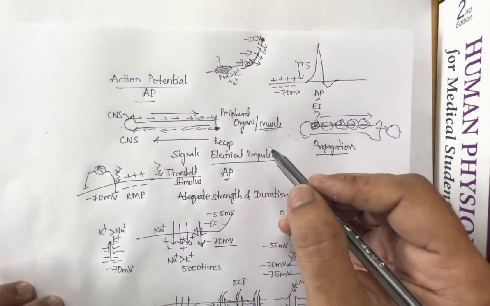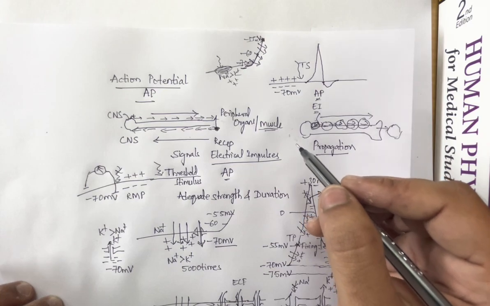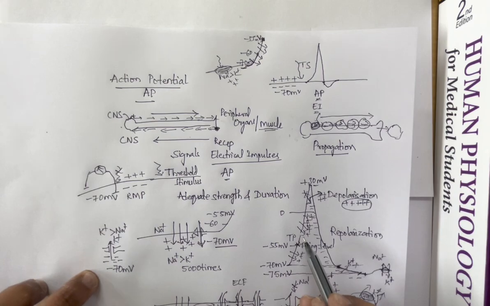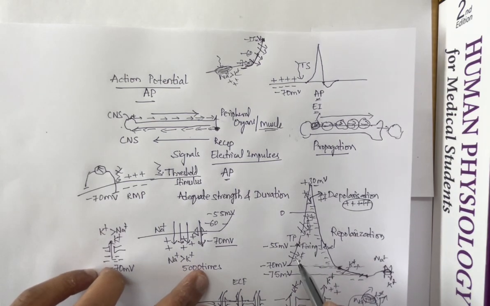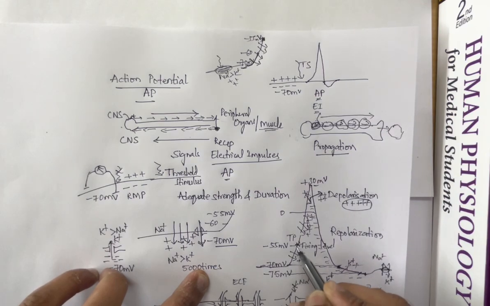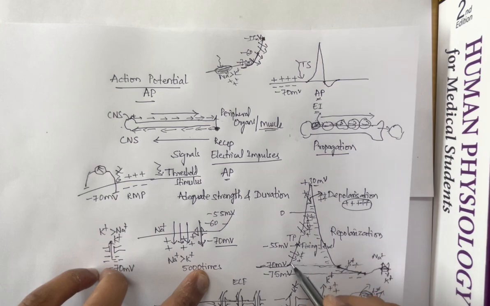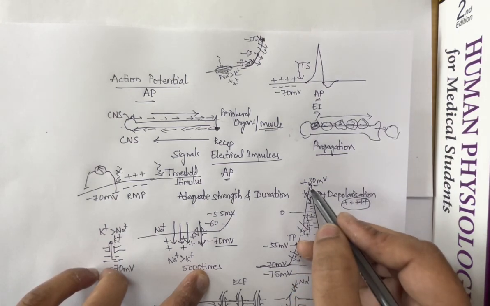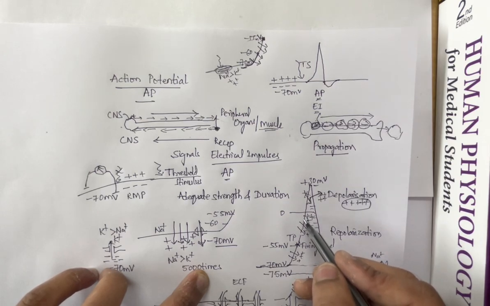So in the next class we'll discuss the different properties of action potentials. So you understood the different phases of action potential. Action potential includes, from the resting state, a slight depolarizing potential because of the leakage of positive charge, and from the firing level there is a rapid depolarization because of activation of voltage gated sodium ion channels.